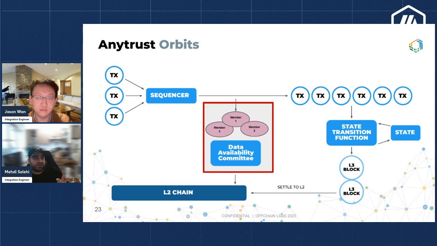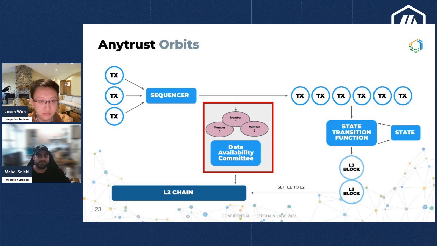But on AnyTrust, we tackle this issue to reduce the amount of fees that you need to pay. Instead of the sequencer batching and compressing the transactions and sending the whole data to the L2 chain, we've added a way for you to define a data availability committee that has some members.